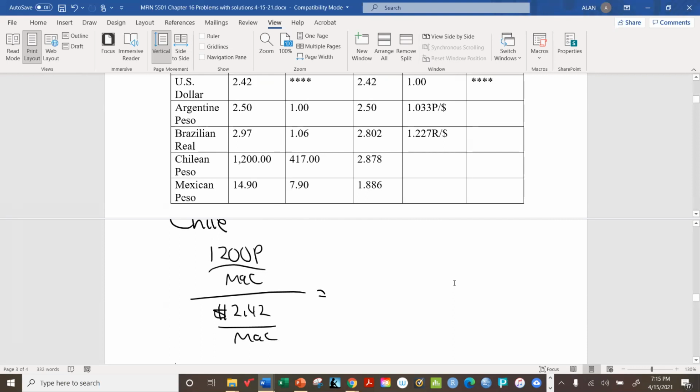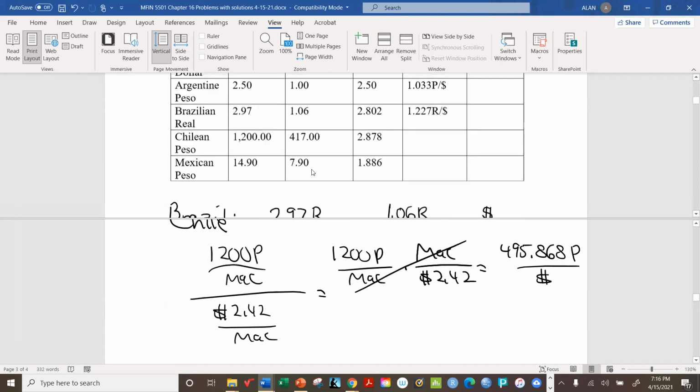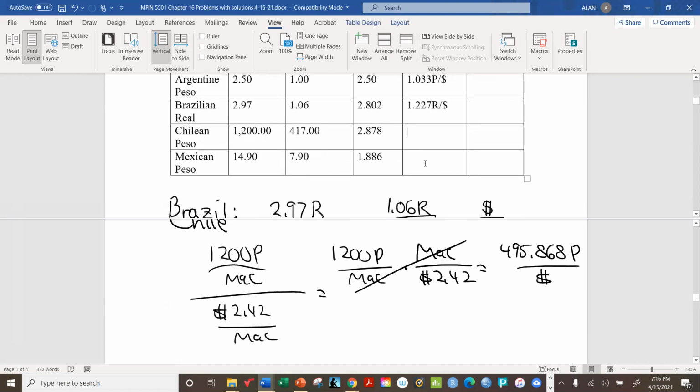Algebraically, this is the same thing as 1,200 pesos per Mac times Macs per dollar. The Macs drop out, and that works out to be 495.868 pesos per dollar. Now, compare that with the actual exchange rate in the second column of 417. You can see that one's off by quite a bit.